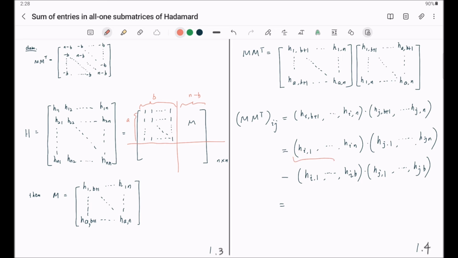Now this part is equal to zero if i is not equal to j, because of the orthogonality of the rows of H, and it is equal to n when i is equal to j, because when i is equal to j, they are identical, and each entry of H, remember by assumption, is plus minus 1. So we are just summing up the squares of plus minus 1s. So we will get n.